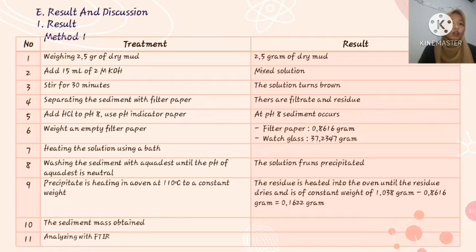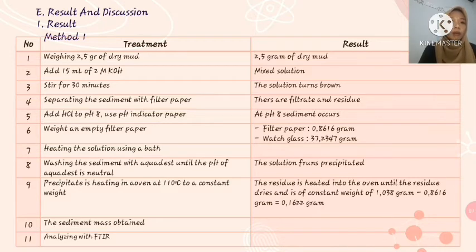Add hydrogen chloride to pH 8. Used pH indicator paper. The result at pH 8: sediment occurred. Weigh empty filter paper.